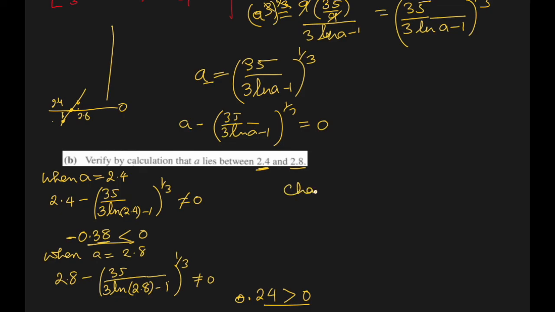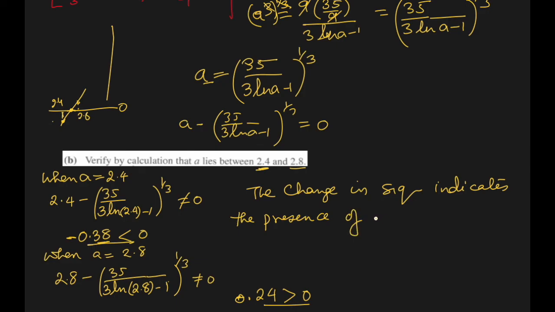We write here: the change in sign indicates the presence of a root between a equal to 2.4 and a equal to 2.8. That's what it is all about.